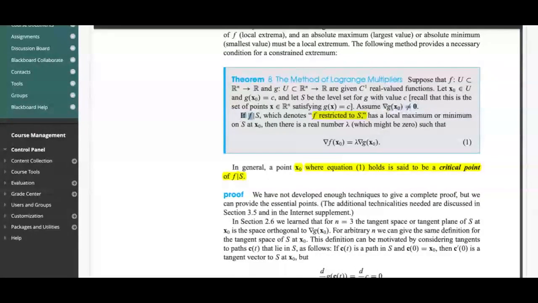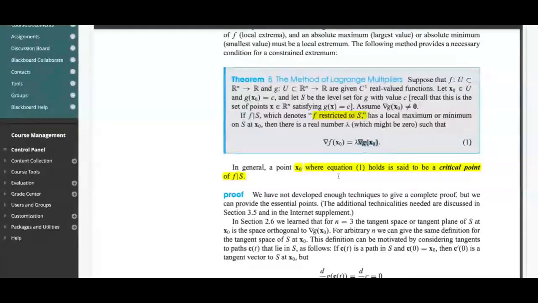Okay, F restricted to S, written as F with a vertical bar S. We can read this as F restricted to S. Suppose F restricted to S has a local max or minimum on S, because S is now a temporary, restricted domain of F. Then there's a real number lambda, which we call the Lagrange multiplier, such that gradient F evaluated at the point equals lambda multiplied by gradient of g evaluated at the same point.